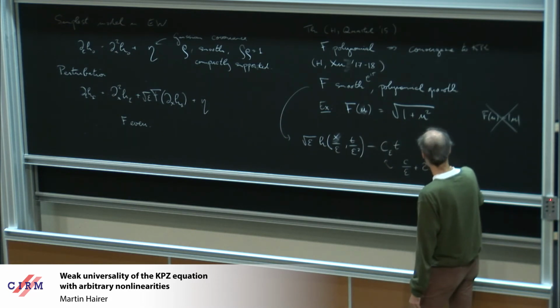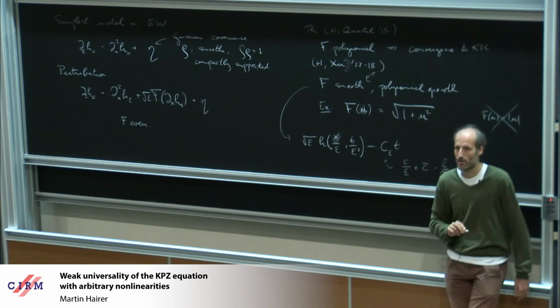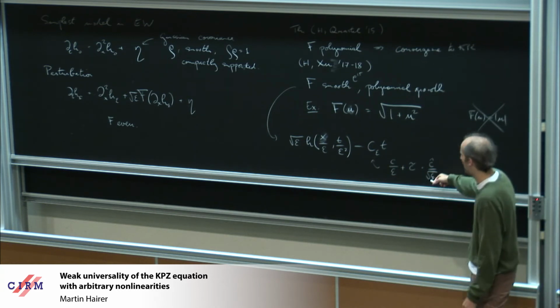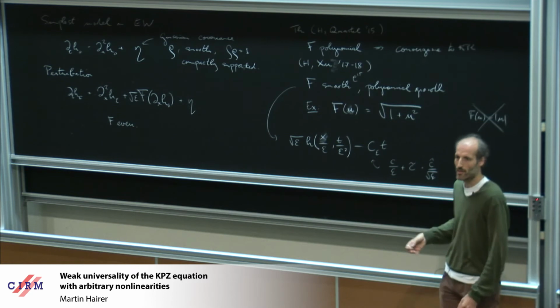In general, you might also have a 1 over square root epsilon correction to the average speed. But that one depends on the third cumulants of the noise, and the third cumulants vanish for Gaussian noise.